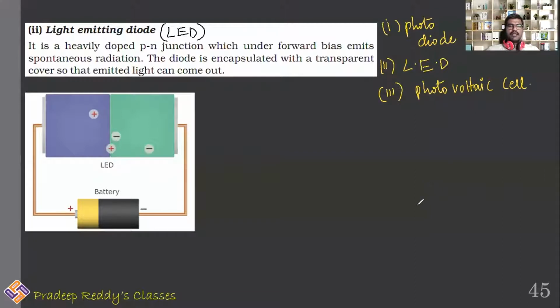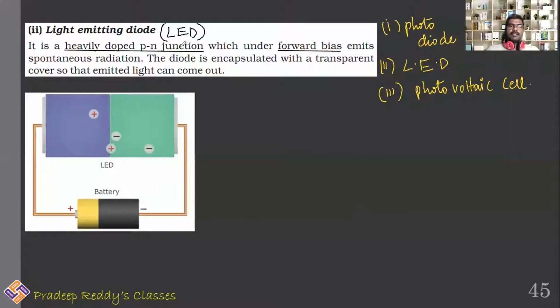So how to construct a light emitting diode, and how does a junction diode behave as a light emitting diode, we will learn now. A light emitting diode, which is simply called LED, is a heavily doped PN junction diode which is acting under forward bias.